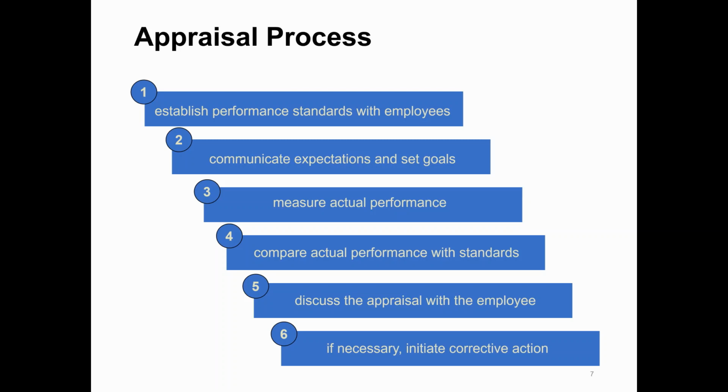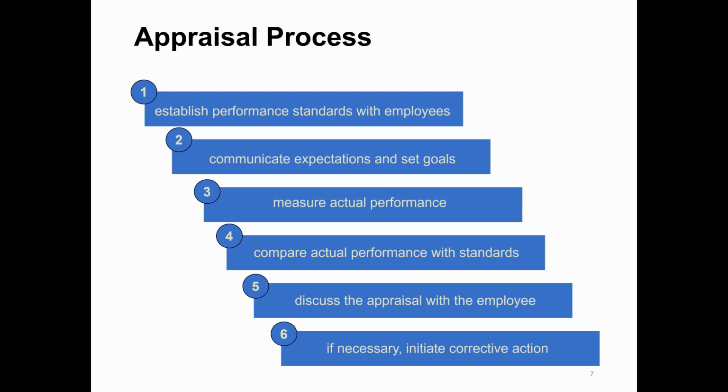Number three, the organization needs to measure the actual performance. Number four, compare the actual performance with the standard performance. In this phase, the organization basically tries to seek a gap between the standard that has been set mutually with the employees and the actual performance that the employee has given. So this fourth part is basically the gap analysis, if there is any.